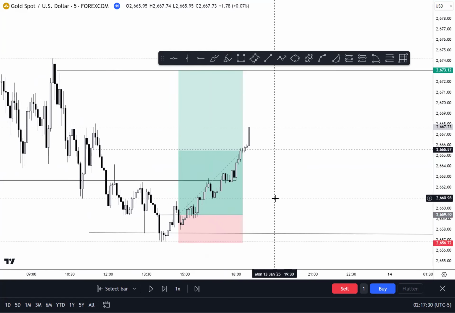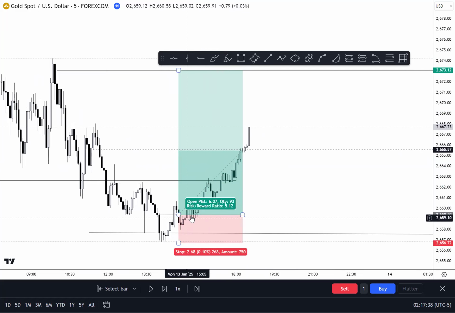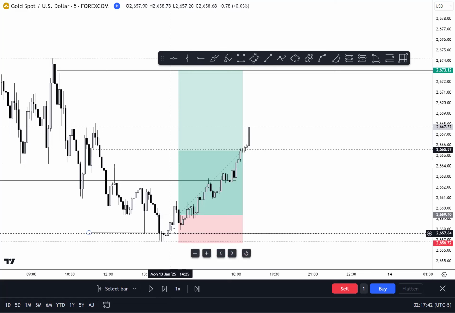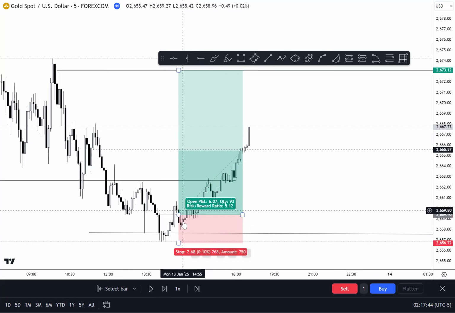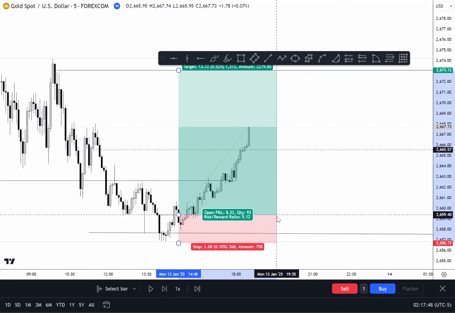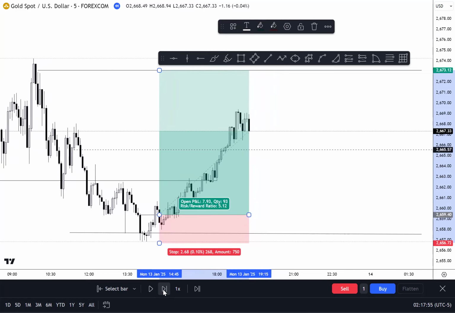The next thing we are looking for, and over here, all right, I'm just giving a breakdown. Maybe during the training, I'll explain certain things that are happening here and how you can take advantage of them. Let's say maybe you missed this entry point. That is our first target.